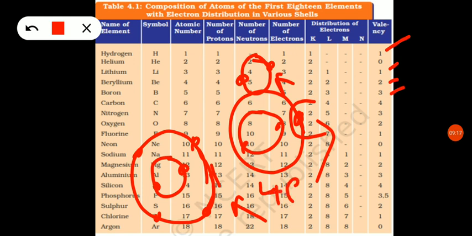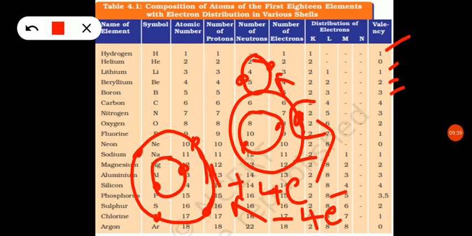Okay, either it can gain 4 electrons or it has to lose 4 electrons. But gaining 4 electrons is very difficult. It requires more energy, and losing 4 electrons also requires more energy.